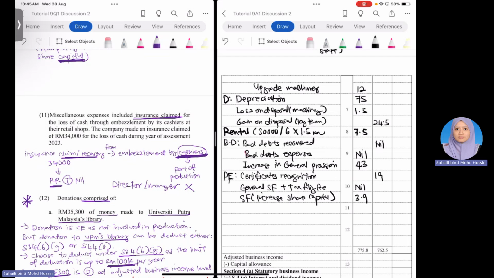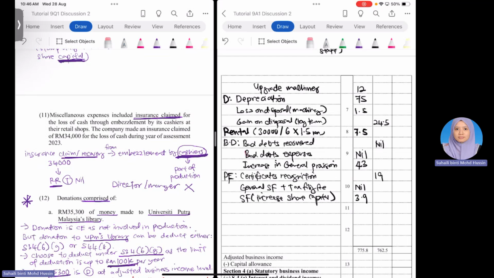If done by the cashier, a normal worker involved in the production, you can write off the expenses and then claim the insurance. When you claim the insurance, because it was allowed for deduction, of course the amount is subject to tax.